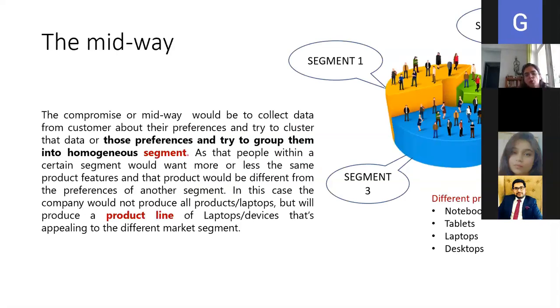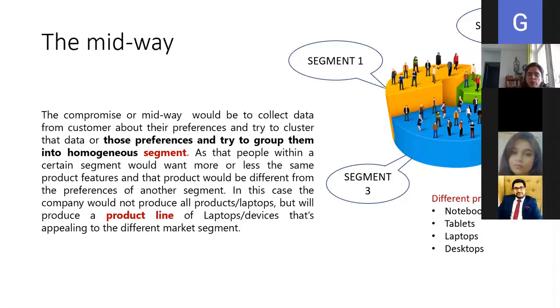So what you can do is have different product lines. You can see what the different segments are and what their preferences are. One segment might like notebooks, one segment might like tablets. Their needs and preferences are different. Some people are mobile, they want something handy and light.